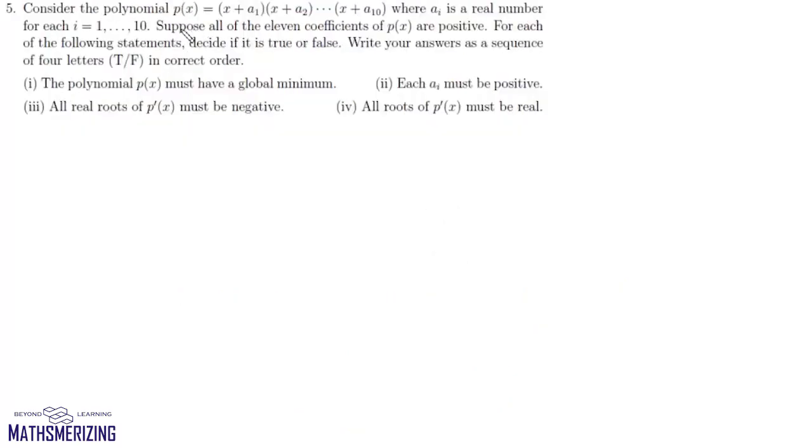Now question number 5 is, consider the polynomial p(x), which is (x plus a1) into (x plus a2) up to (x plus a10), where ai is a real number. Suppose that all the 11 coefficients of p(x) are positive.